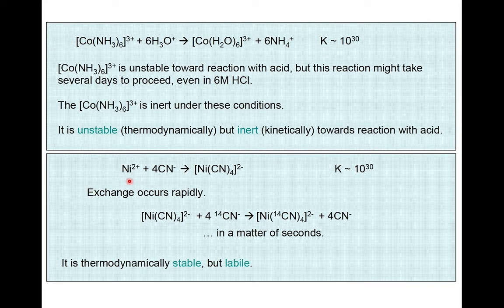Whereas we have nickel 2 reacting with 4 cyanides to form this tetracyanonickel 2 complex. Here the exchange occurs very rapidly. We can form this complex and add in labeled cyanide, and when we do this, the label scrambles into these sites essentially instantly. By the time we can look by any sort of spectroscopy, the labeled cyanide has made it in there.